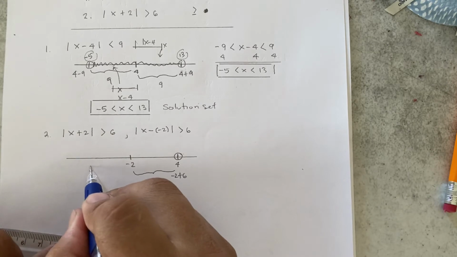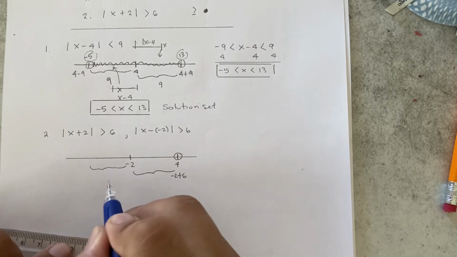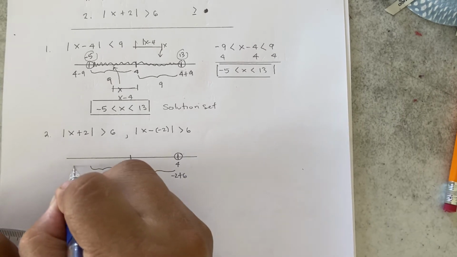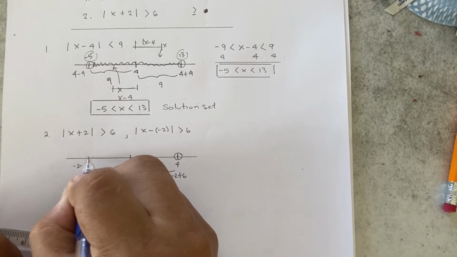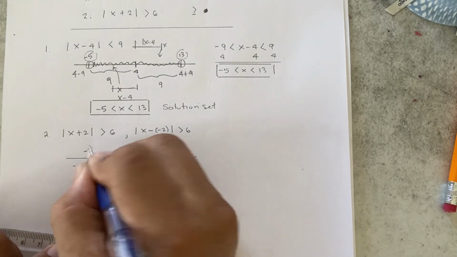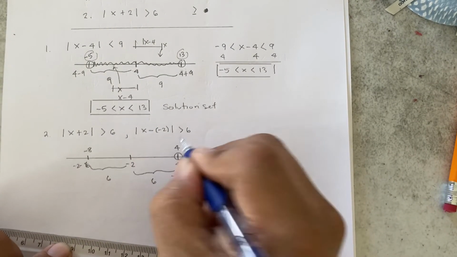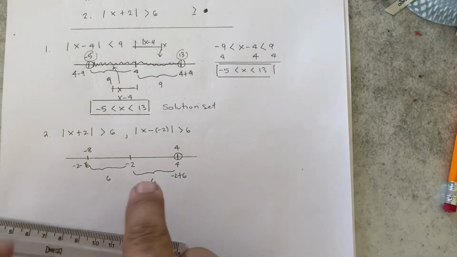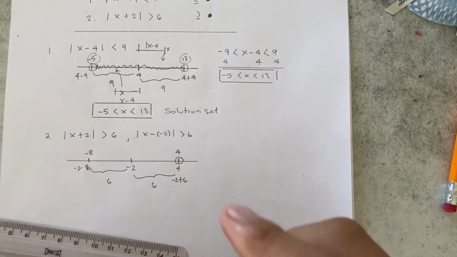And we're going to pick the 6 here again. So this is 6. This is 6. This is negative 2 minus 6, which gives you negative 8. And this is 4. So this is your 6, the distance.